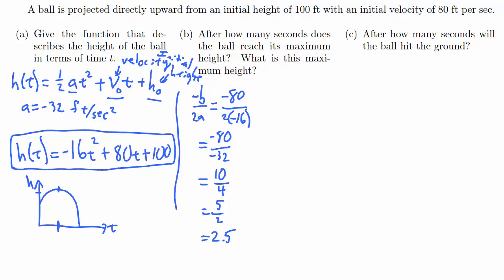Then we want to find what is h of 2.5. That's the y value. And you'll just plug in 2.5 for the t. Just plug it in to the calculator and see what you get. When you type it in, you should get 200.